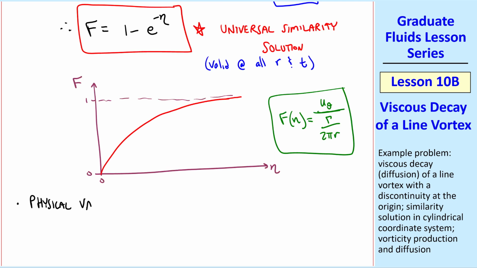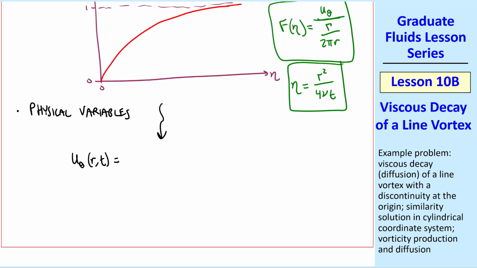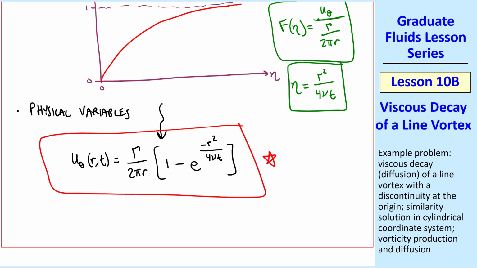If we go back to physical variables, by plugging in this definition of f, along with our definition of eta, which is r squared over 4 nu t, a little algebra yields u theta of r and t equals gamma over 2 pi r times 1 minus e to the negative r squared over 4 nu t. This is our final similarity solution in physical variables. Again, because of the similarity nature of this problem, this equation is valid for all r and all t.